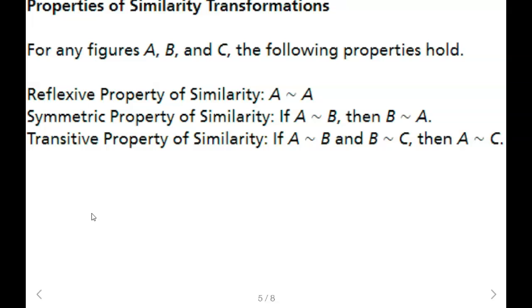The reflexive property, anything is similar to itself. Symmetric property, if A is similar to B, then B is similar to A. And then transitive property, if A is similar to B and B is similar to C, then A is similar to C. So that holds true for any similarity transformations.